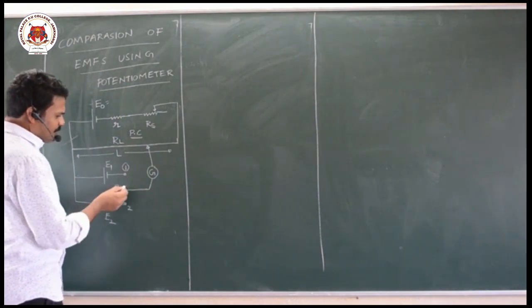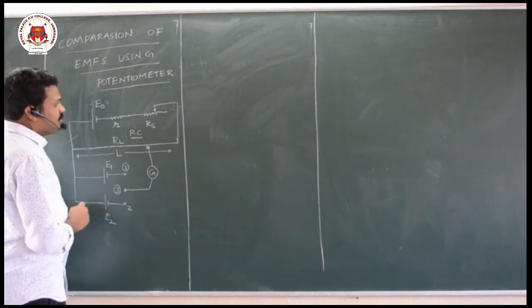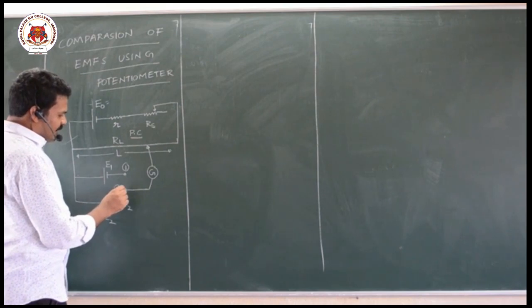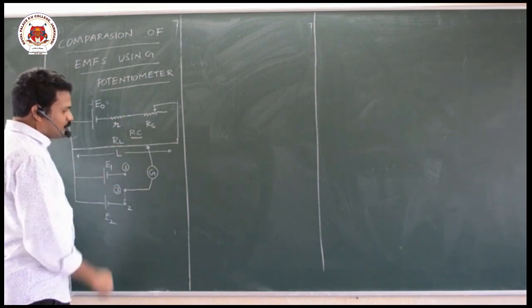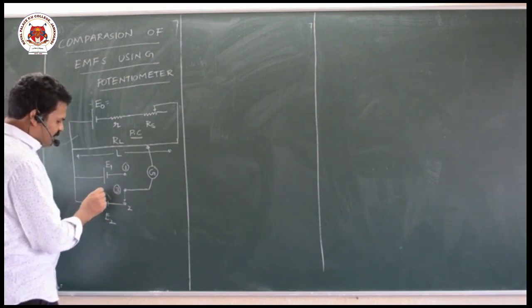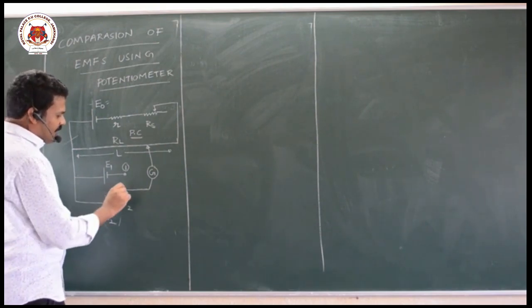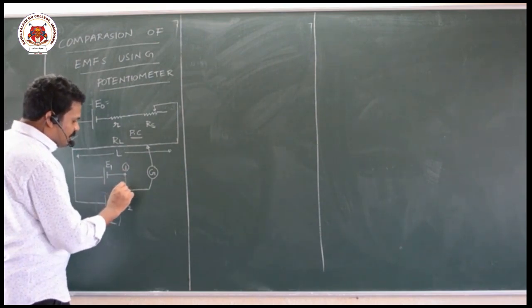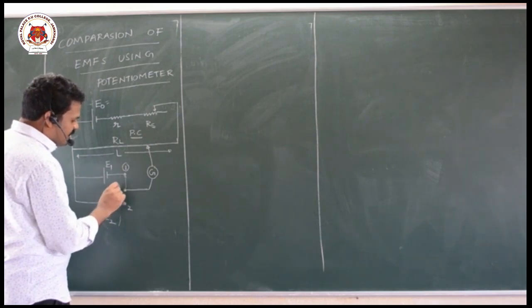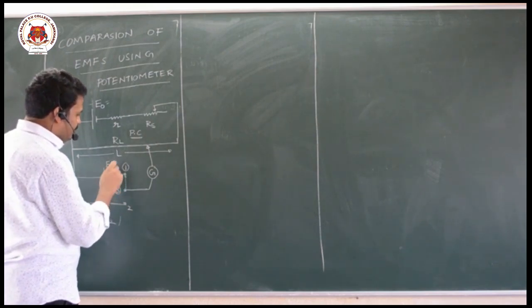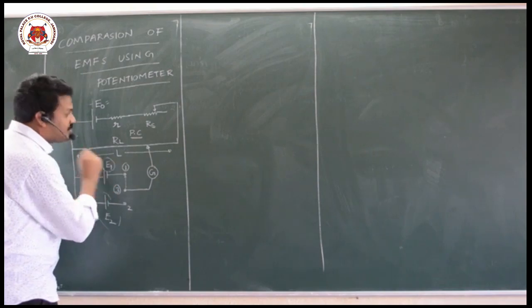Now first I will connect the jockey with plug 2. Then this EMF is closed and it is an open circuit. If I connect terminal 3 to 1, then we can measure the EMF of this cell.